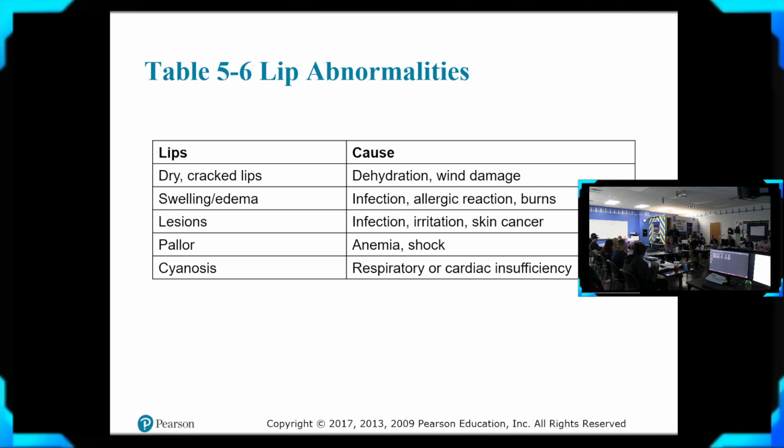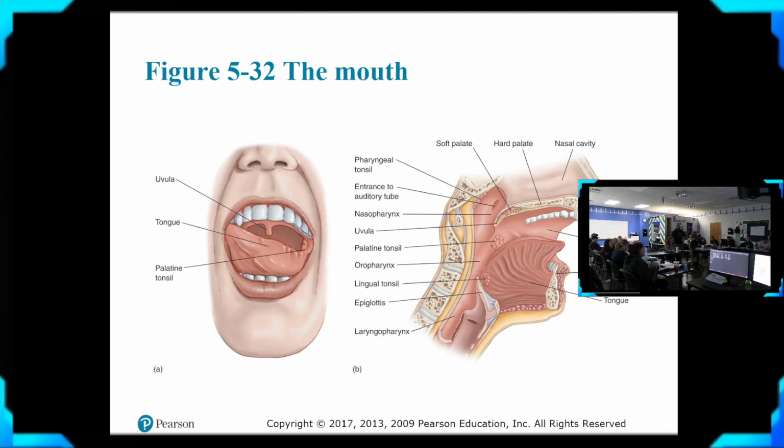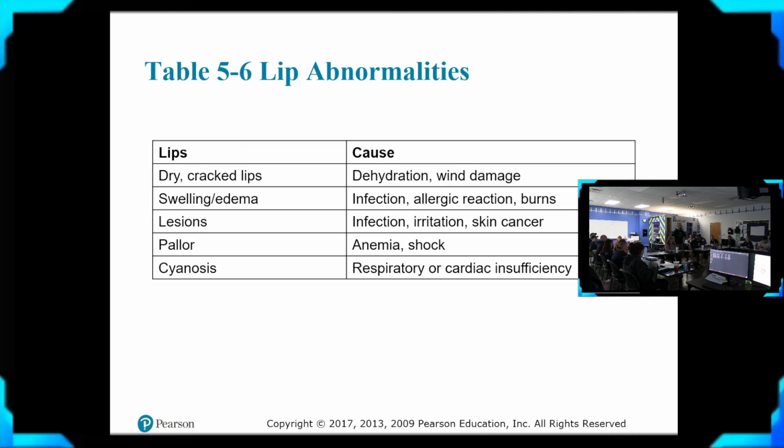Secondary says chapter 5. That's on 109. There's a chart somewhere between 77 and 190 that tells you about this.